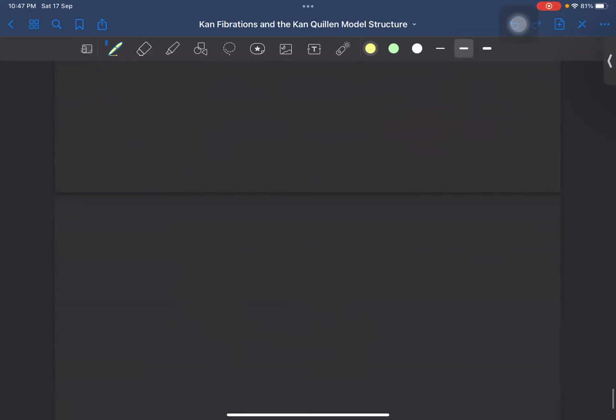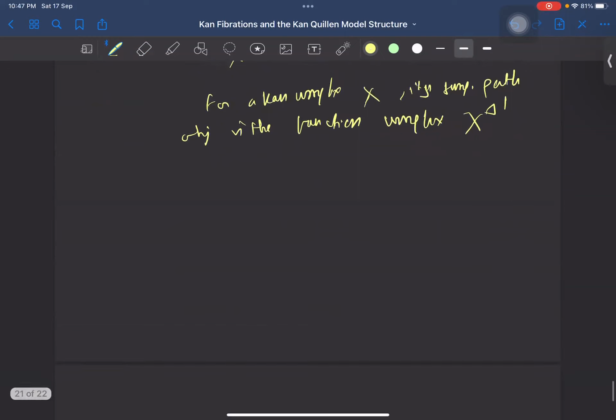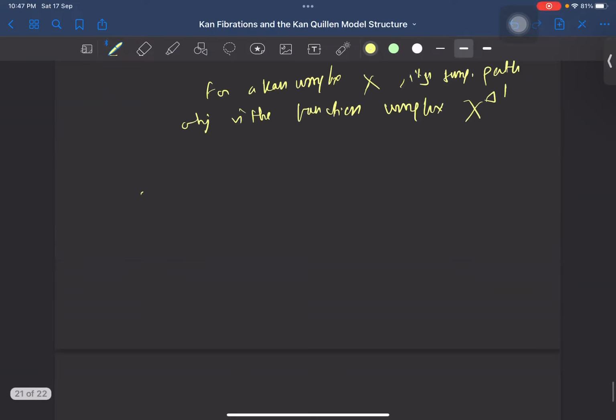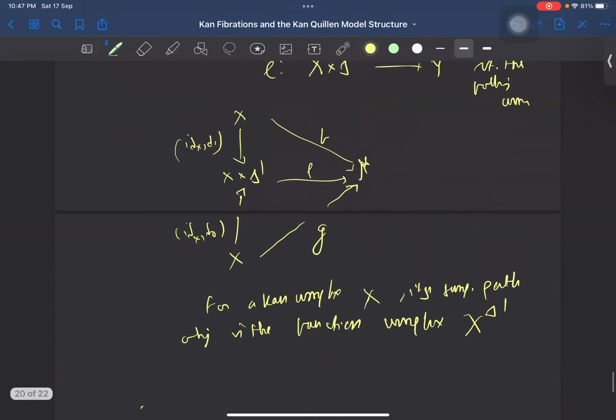Now if there's a left homotopy between the morphisms, we denote this as follows.